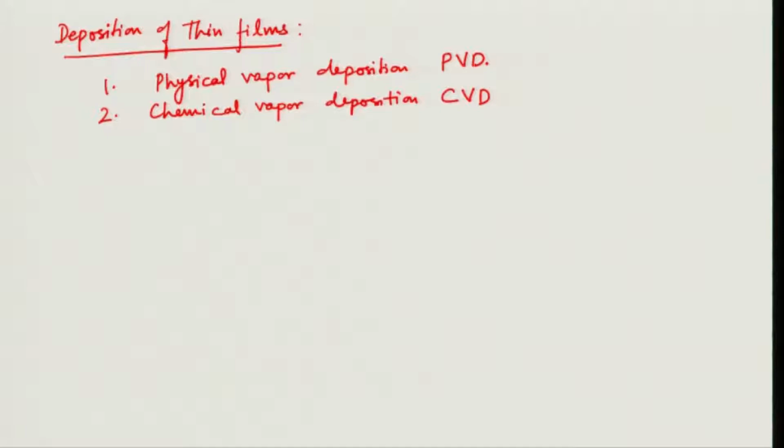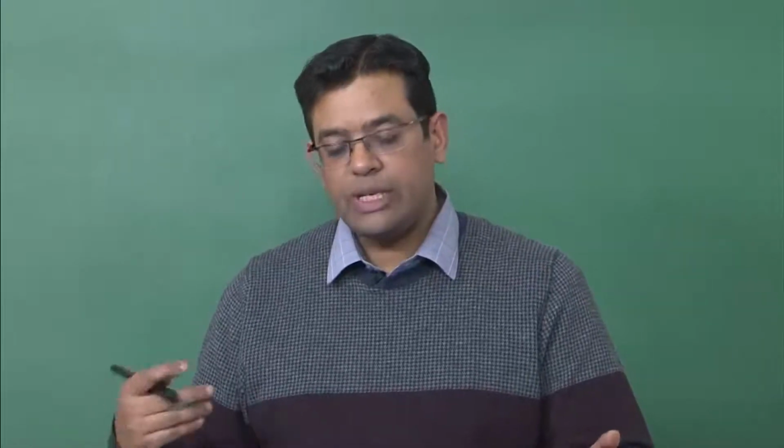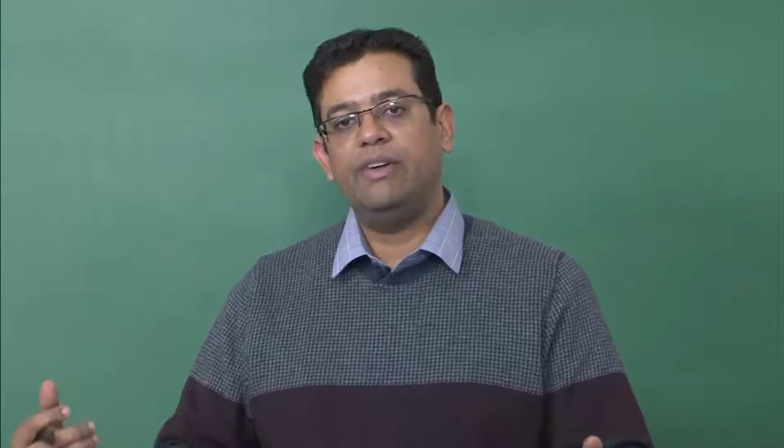The difference between these two is the way the source of the material that you want to deposit works. In case of PVD, you use a physical source. Suppose you want to deposit gold, you use gold as your source. If you want to deposit aluminum, you use aluminum as your source. In chemical vapor deposition, you use a chemical reaction from a derivative of your material that you want to deposit.